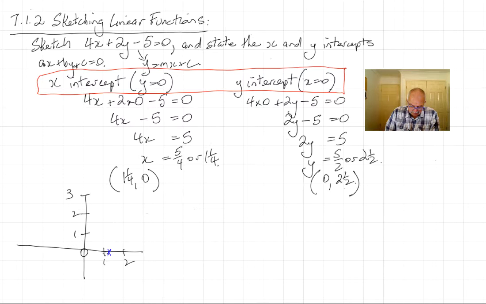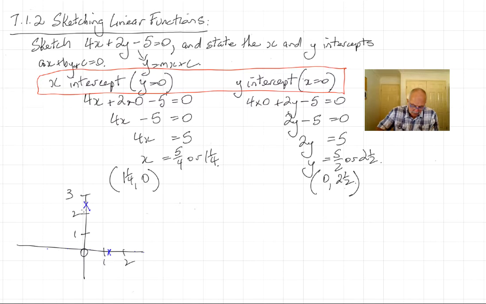So 1 1/4, 0. y is equal to 0. Everywhere along the x-axis, everywhere along here, y is equal to 0. Everywhere along the vertical axis, x is equal to 0. So 0, 2.5. So 0 is my x, 2.5 is halfway between 2 and 3.